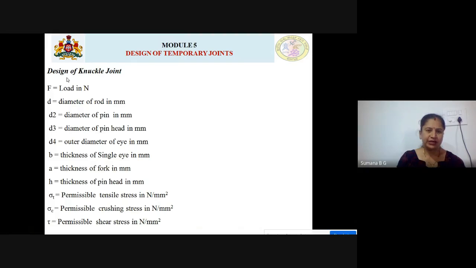With reference to design of knuckle joint, some of the standard notations used are: F, load; d, diameter of rod; d2, diameter of pin; d3, diameter of pin head; d4, outer diameter of eye; b, thickness of single eye; a, thickness of fork; h, thickness of pin head; sigma t, permissible tensile stress; sigma c, permissible crushing stress; tau, permissible shear stress. The stresses are in Newton per mm square.